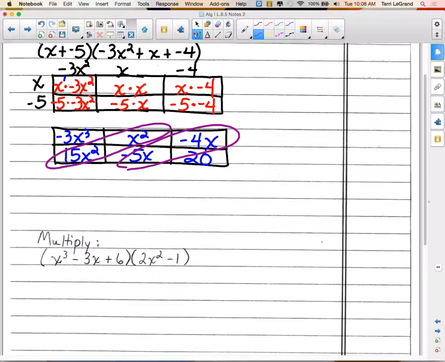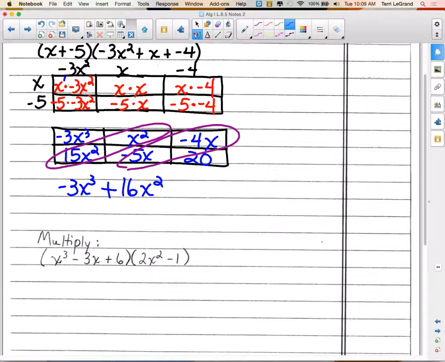They're not really true circles, but circles around those diagonals, and then you could say, I have -3x cubed plus, what would the sum of this one be? 15x squared plus x squared. 16x squared. Or you could write down -3x cubed plus x squared plus -4x plus 15x squared plus -5x plus 20.